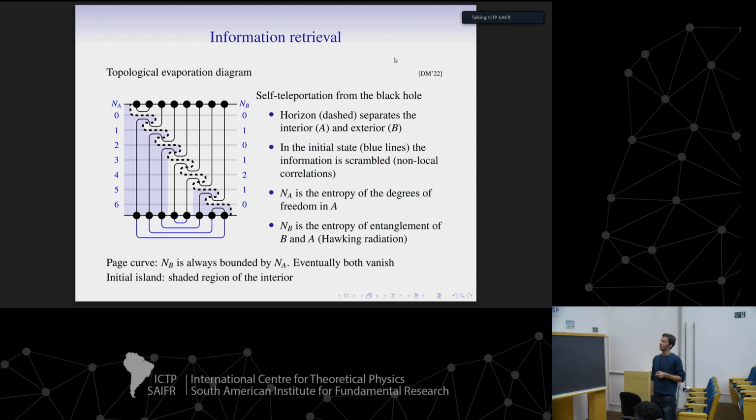And since it's a topological setup, I can draw the horizon the way I like, and this is the most convenient way of drawing it, compatible with the idea that physical particles can cross it only in one direction. In this first moment of time, some interaction happens, in particular non-trivial scattering, and a Hawking pair is created outside of the horizon.